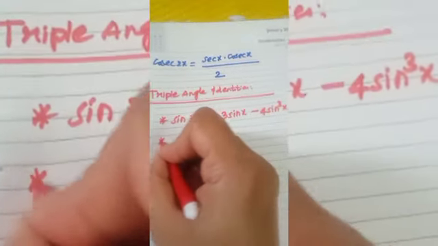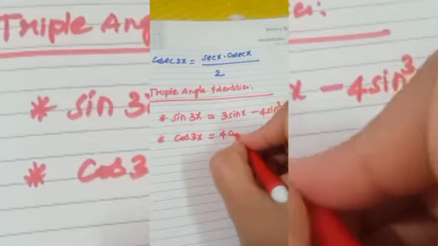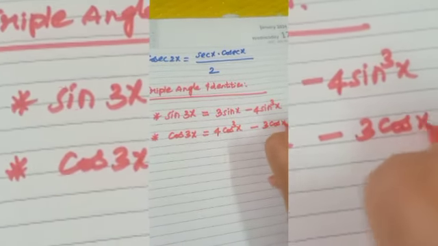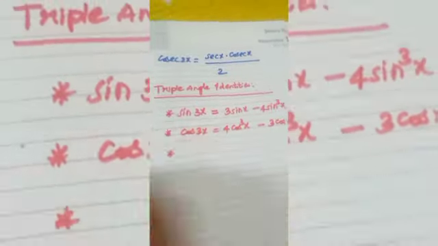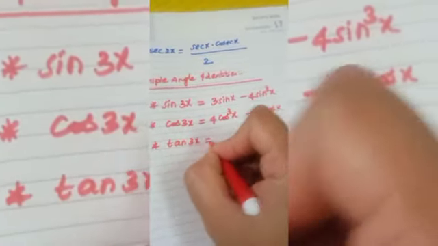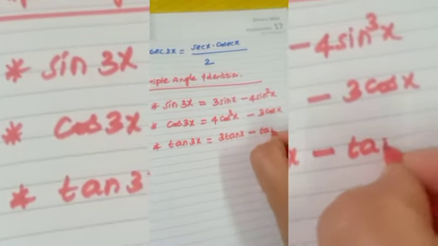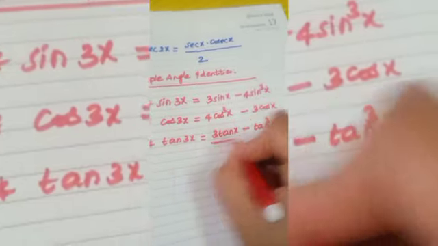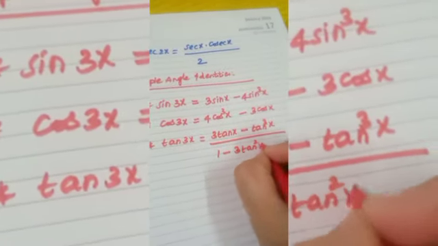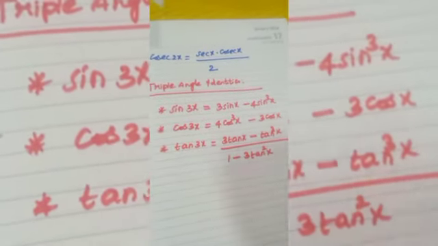Next, cos 3x is equal to 4 cos cube x minus 3 cos x. And tan 3x is equal to 3 tan x minus tan cube x divided by 1 minus 3 tan square x. These identities belong to triple angle.